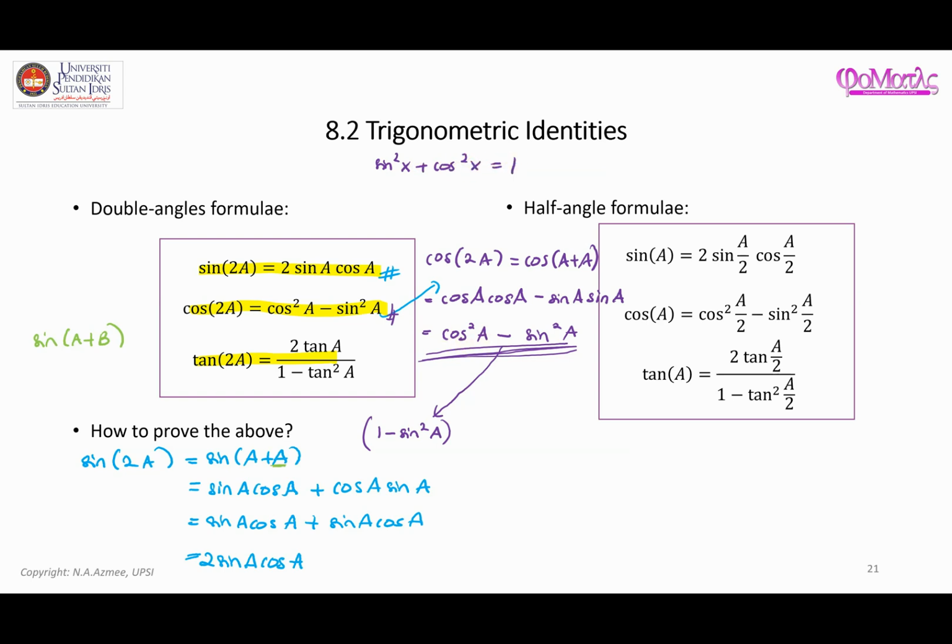So cos square A is equal to 1 minus sine square A, minus sine square A. So this will become 1 minus 2 sine square A.